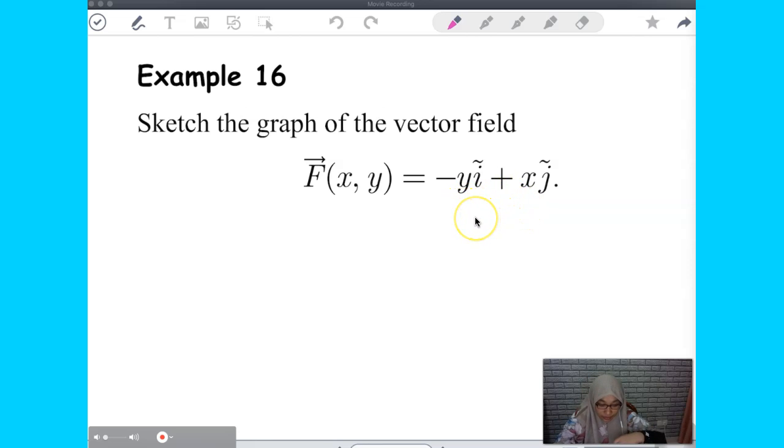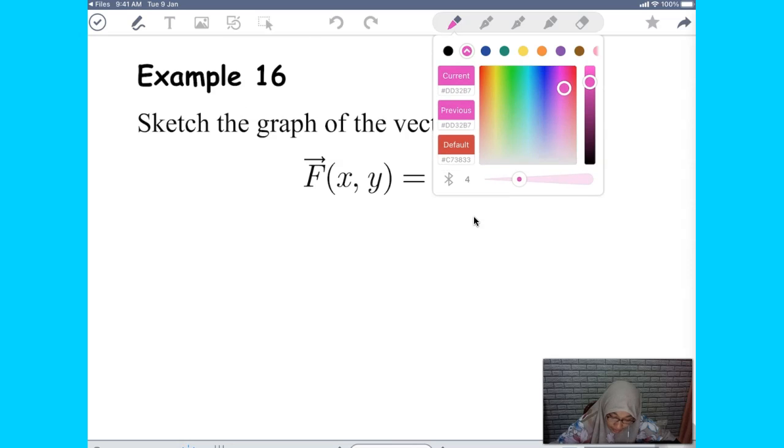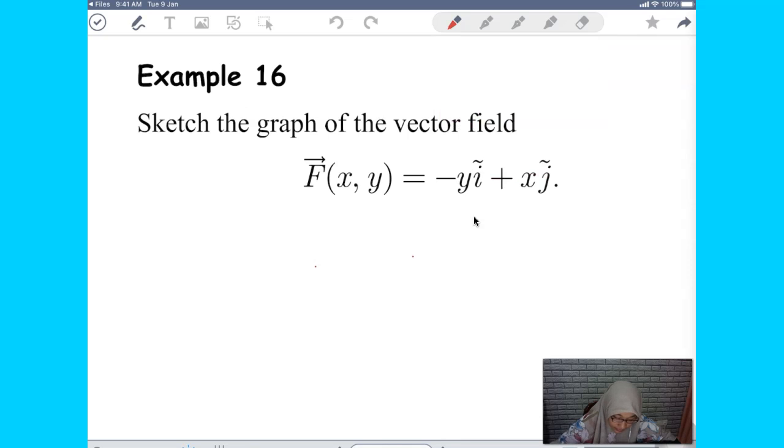So we start by selecting, let's say, the point (0, 1) and also (1, 0).